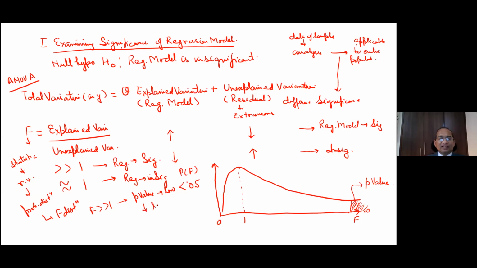Then again we can say that our regression model is significant. For the testing purpose, we are rejecting H0. Rejecting H0 means we are rejecting the insignificance of the regression model. Means regression model becomes significant.